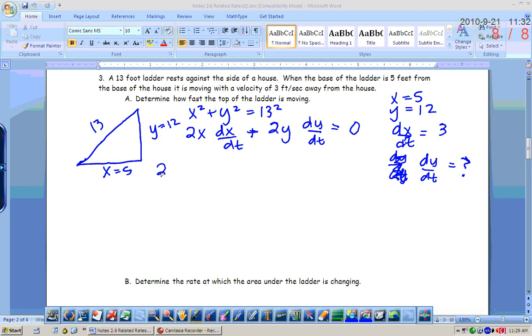Okay, so plugging everything in, we have 2 times 5 times 3 plus 2 times 12 dy/dt equals 0.